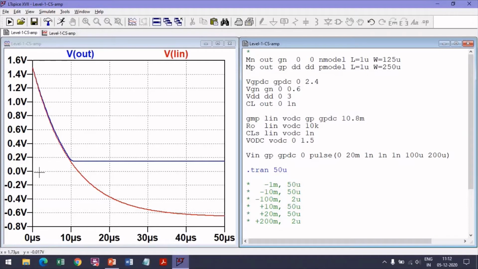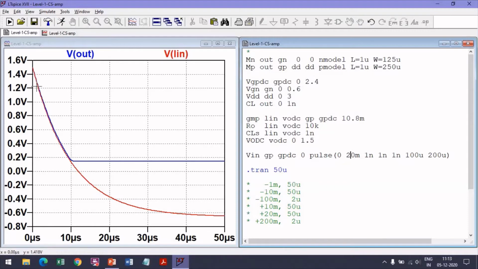The output, of course, will not go below 0, so the output is saturating at 0.15 volts, because the PMOS is still on, but the NMOS has gone into triode, and therefore the output voltage is very small.